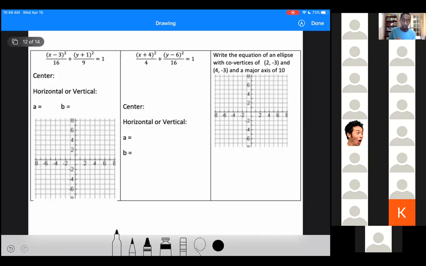So if we have this equation and we want to graph it without the calculator, the first thing we need to identify is whether it is vertical or horizontal.